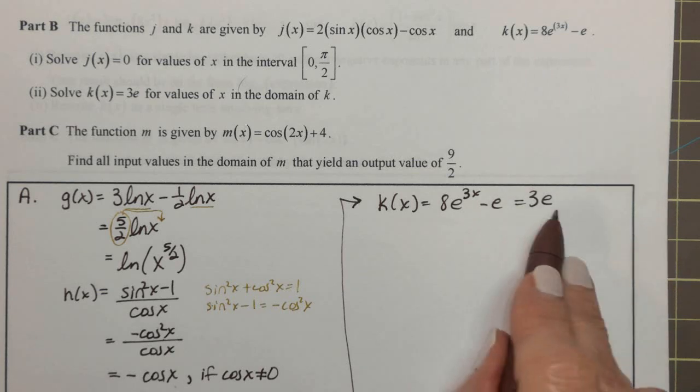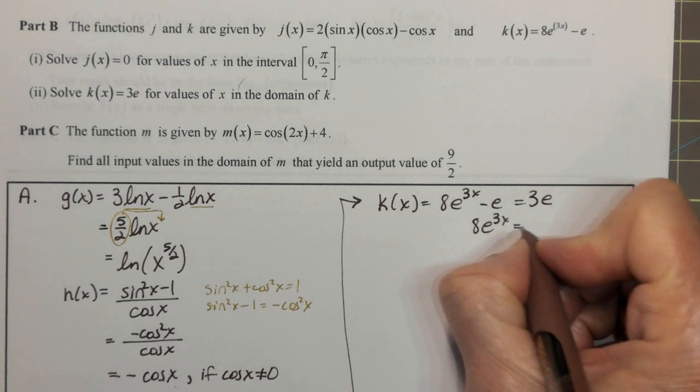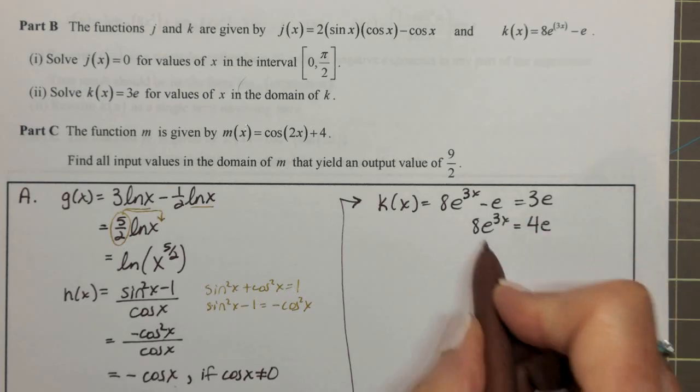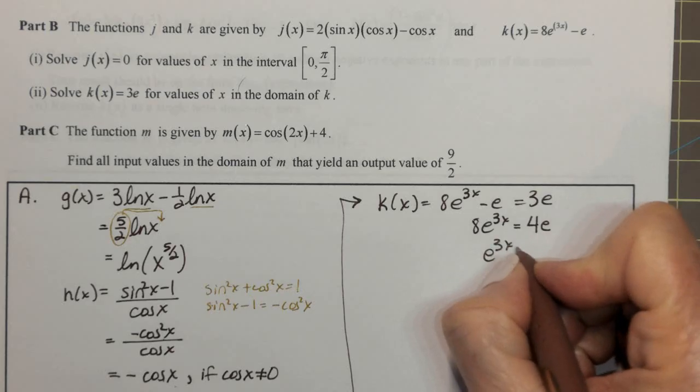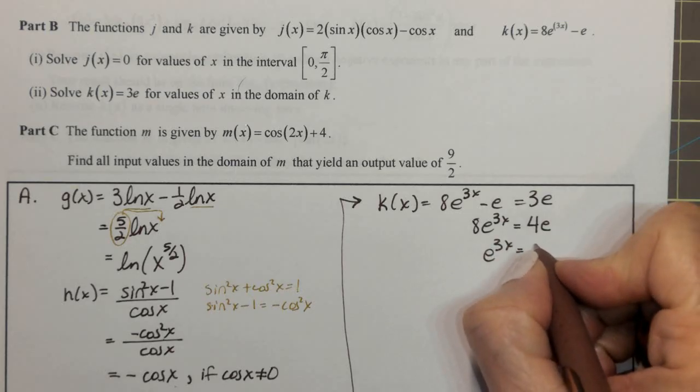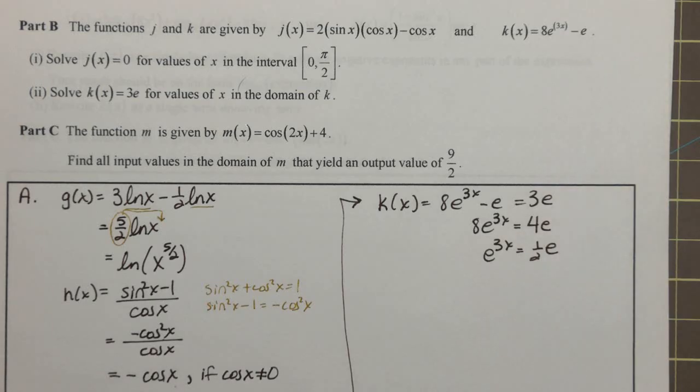Okay, I'm going to add e to the other side. Divide both sides by 8. Okay, now what? Well, I need to get x by itself, right?